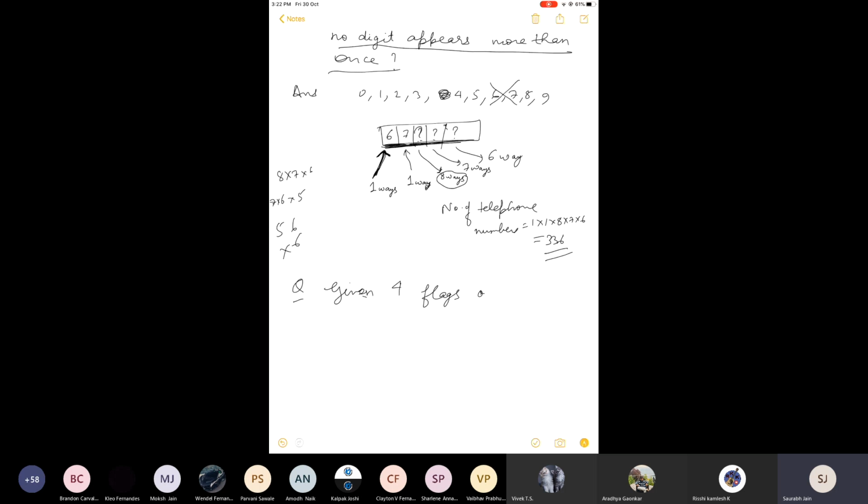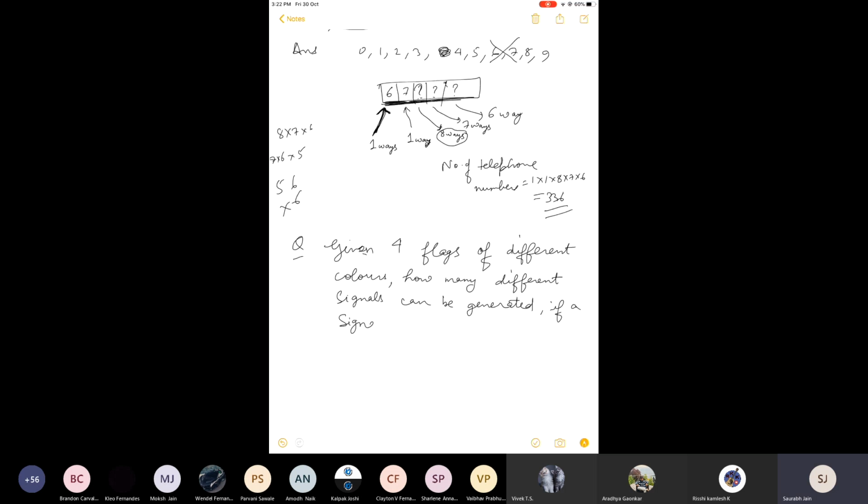So the question is, there are 4 flags of different colors. Given 4 flags of different colors, how many different signals can be generated if a signal requires the use of two flags, one below the other?